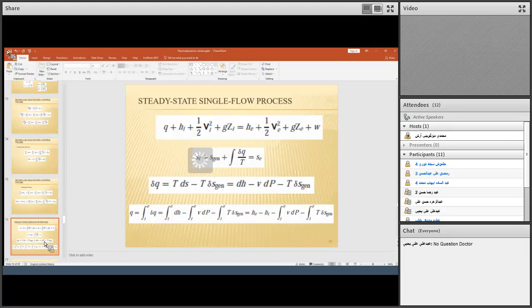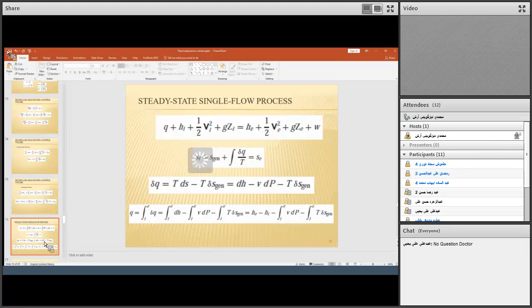You remember that the differential of heat transfer equals T, temperature, times differential of entropy minus T times differential of entropy generation, which equals differential of H minus specific volume times differential of P minus temperature times differential of entropy generation.